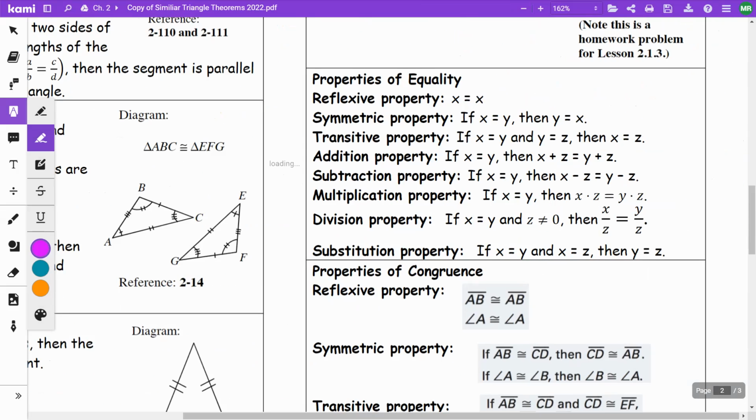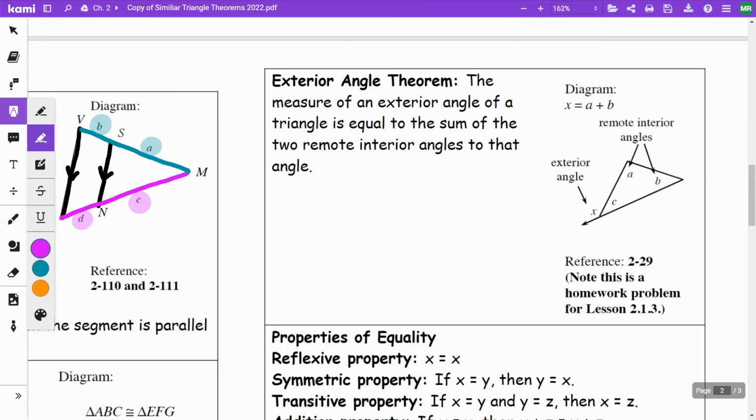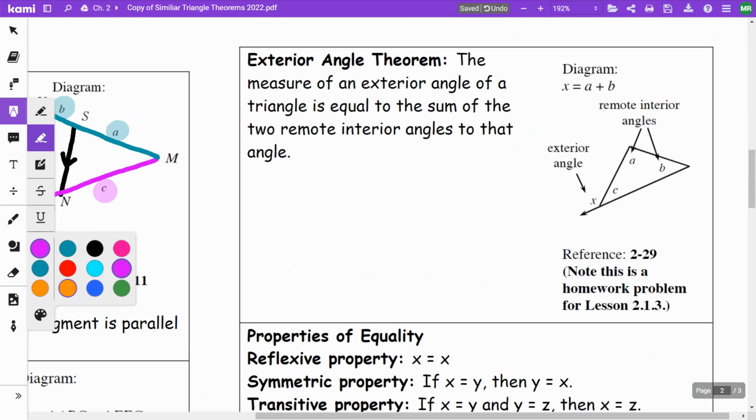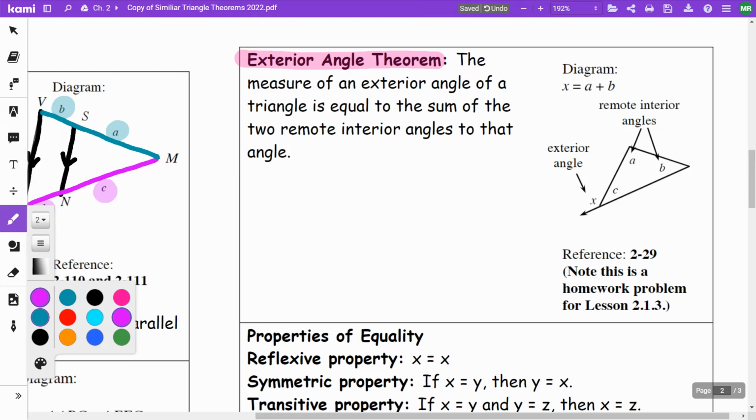Over here, we're dealing with the exterior angle theorem. And for this exterior angle theorem, if you're looking at this picture, we have this triangle where one of the sides is being extended, and that is forming this angle X, which is our exterior angle.